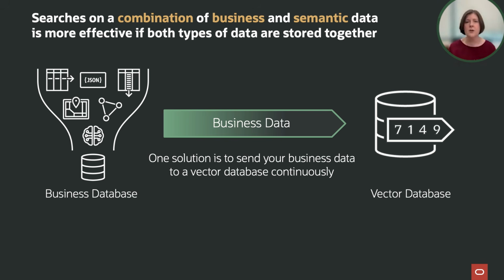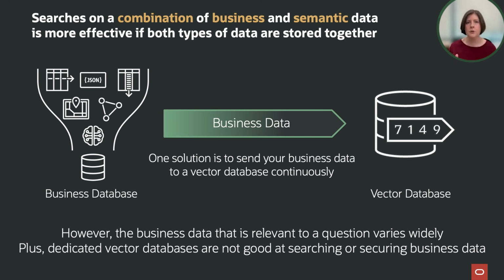There are lots of these new specialized databases on the market, each of which can do similarity search just like I showed you. And what we'd have to do in order to combine that with business data search would be to ship our business data from where it lives today over to that new vector database. Now, there are a couple of gotchas with this approach.